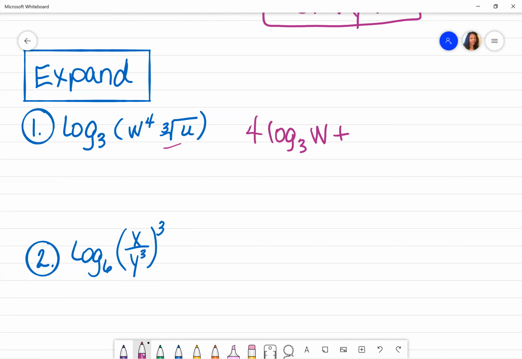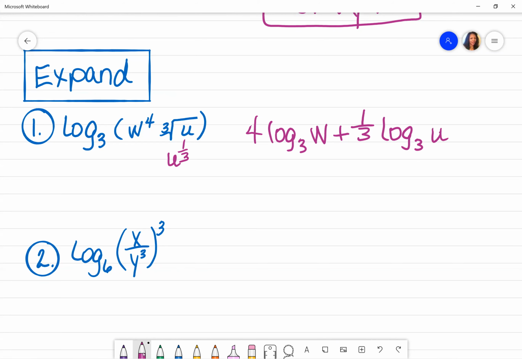Now this one, if you recall, you can rewrite a cube root as an exponent, which is u to the 1/3. So there's two ways that you can do this. You can either write 1/3 log base 3, because it's still going to be log base 3, you're just expanding, of that u.